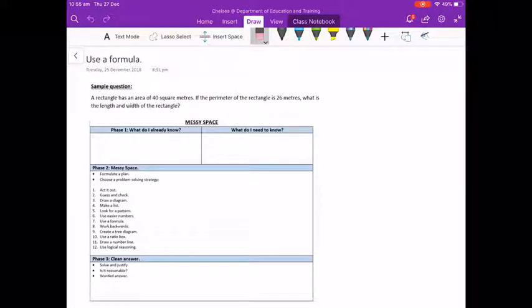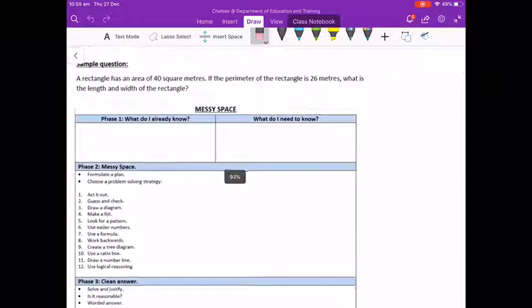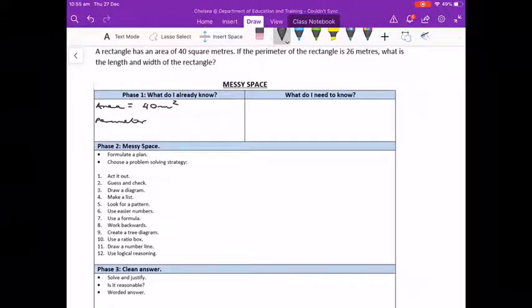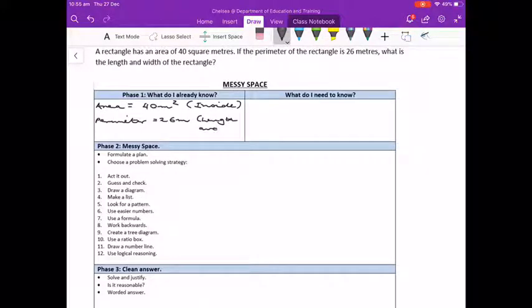So I'm going to start with phase 1. What do I already know? I already know that the area has to be 40 square metres, and I know that the perimeter has to be 26 metres. I know that the area is the space on the inside and the perimeter is the length around the outside.